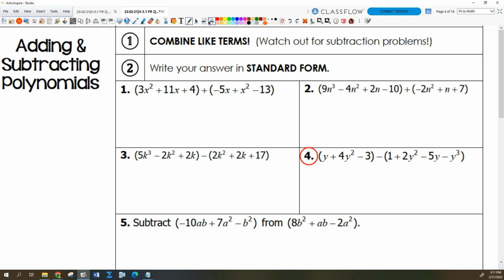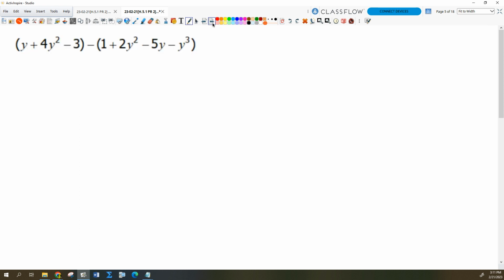What if I'm going to do a subtraction problem, like number 4? In addition to combining like terms, because I'm subtracting polynomials, Naomi, what do I have to do before I combine like terms here? Okay, good. I have to distribute the negative and then combine like terms. Agreed? So if we distribute the negative, what are we going to get?